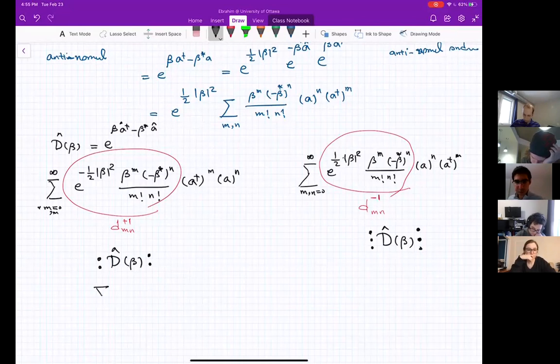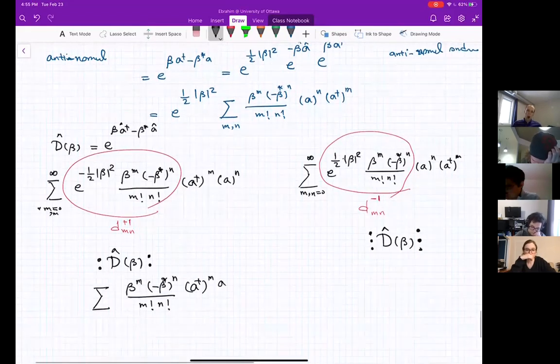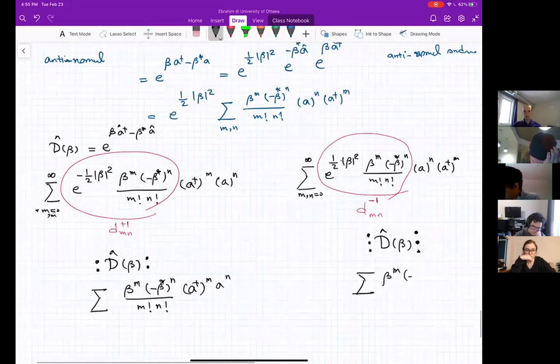This means that it is a summation of β^m (−β*)^n divided by m factorial n factorial, a†^m a^n, and that looks like a summation of β^m (−β*)^n divided by m factorial n factorial, a^n a†^m.